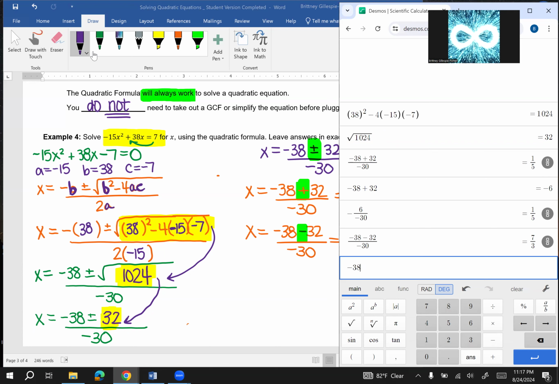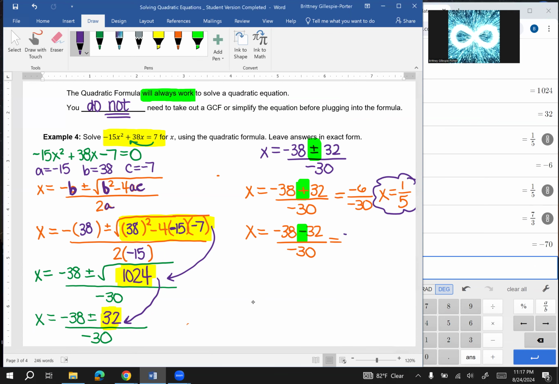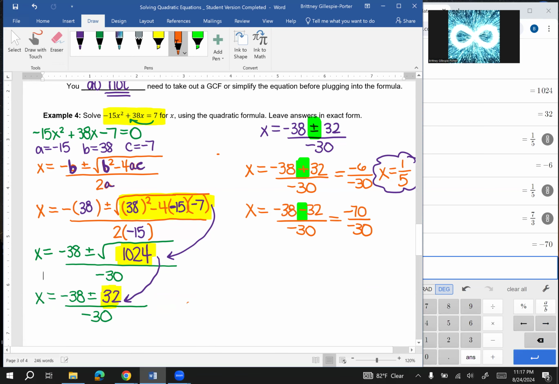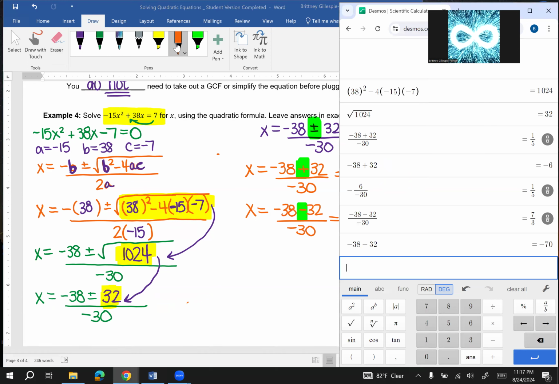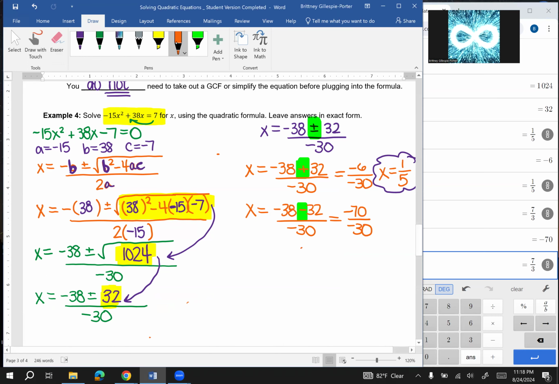So negative 38 minus 32 gets us negative 70. So we'd have negative 70 all over negative 30. And negative 70 divided by negative 30, convert it back to a fraction, gets us the 7/3 that we got the first way.